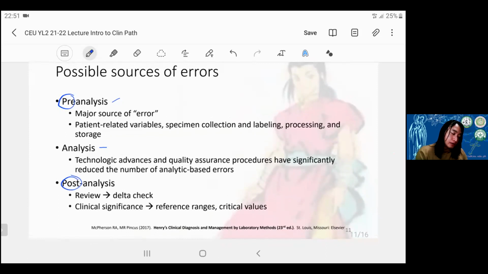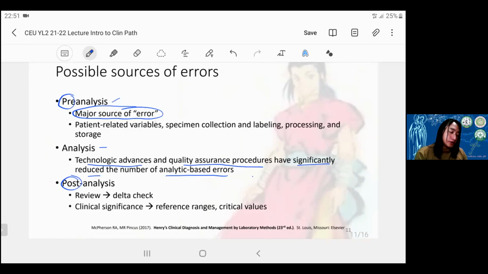Because of the technological advances and quality assurance procedures, the analytic-based errors have been significantly reduced. So because of this, the major source of error now becomes your pre-analysis. And pre-analysis encompasses different variables before doing the test.